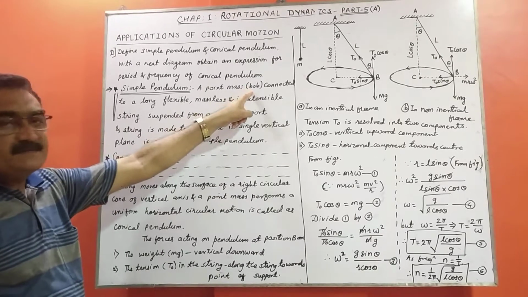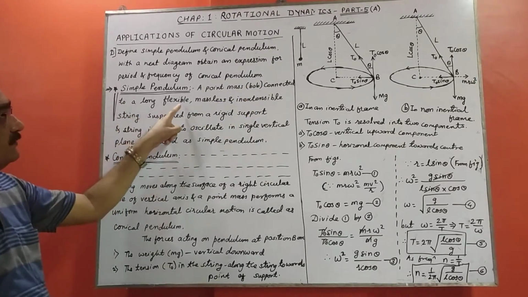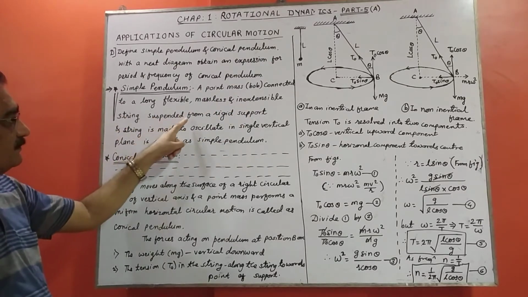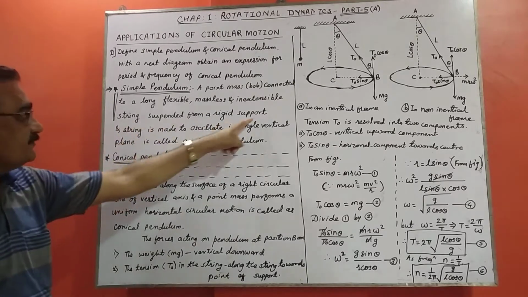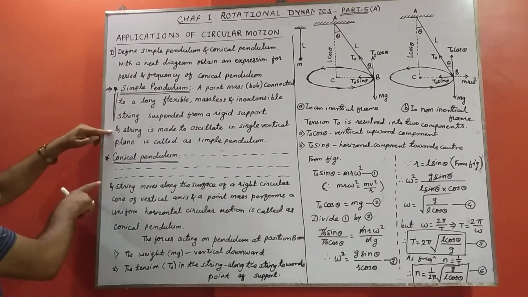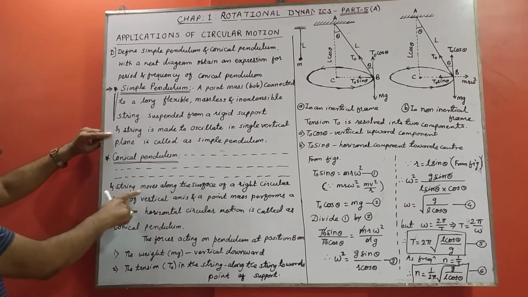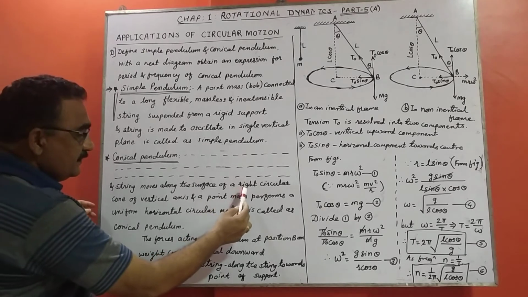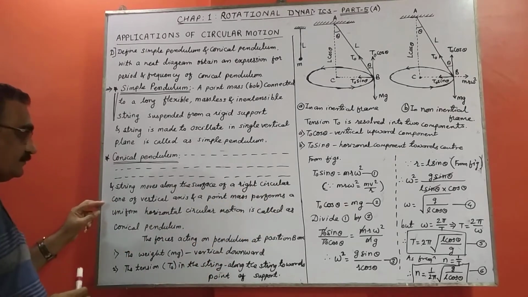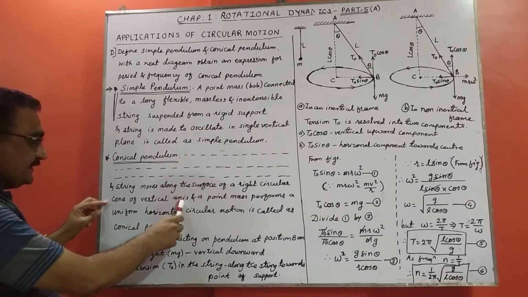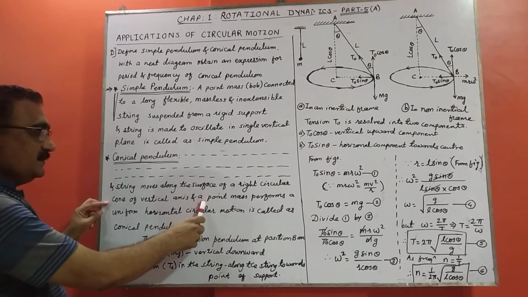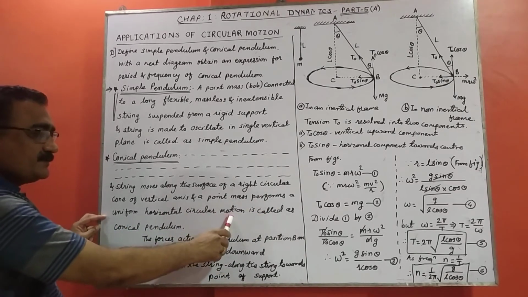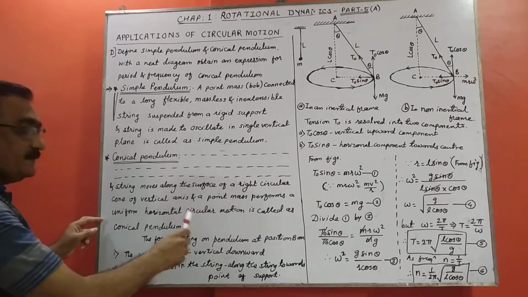A point mass bob connected to a long, flexible, massless and inextensible string suspended from a rigid support, up to this, and the string moves along the surface of a right circular cone of vertical axis, and the point mass performs a uniform horizontal circular motion, is called a conical pendulum.